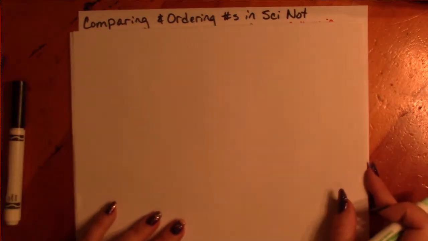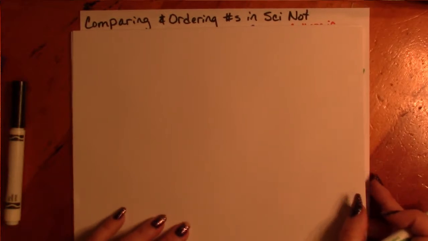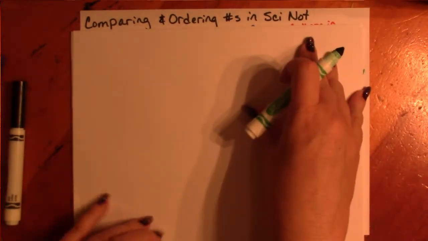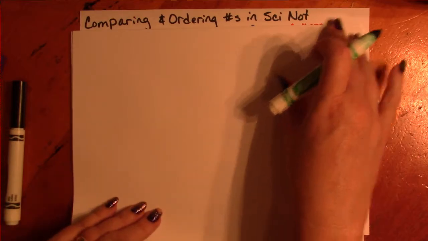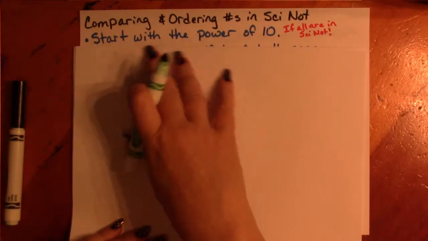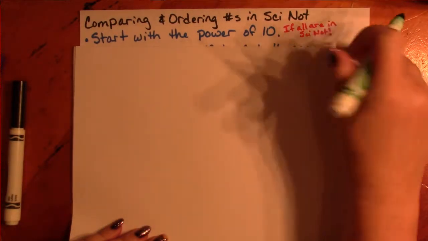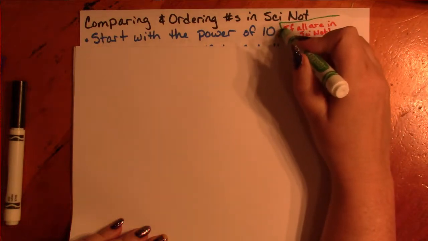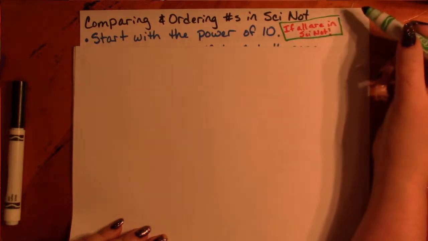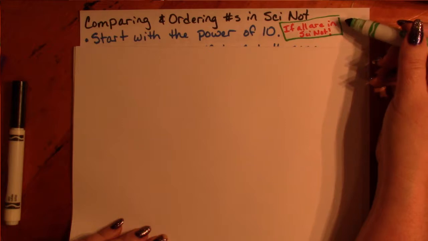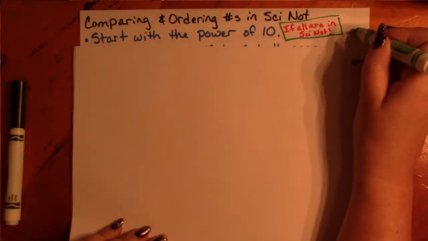The last thing this is going to ask you to do is be able to compare and order numbers in scientific notation. So we're going to start by looking at the power of 10 if all the numbers are in scientific notation. If they're not all in scientific notation, it's really difficult to compare them. But so far the ones that I've seen all start with a digit and a decimal, or just a digit.